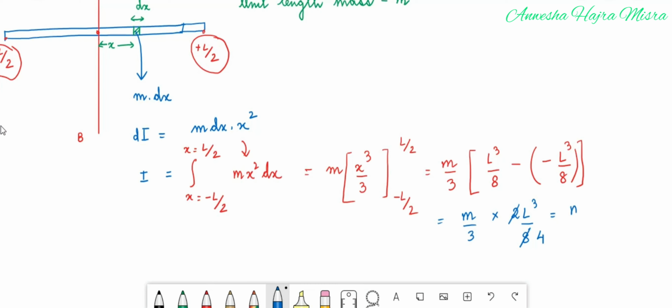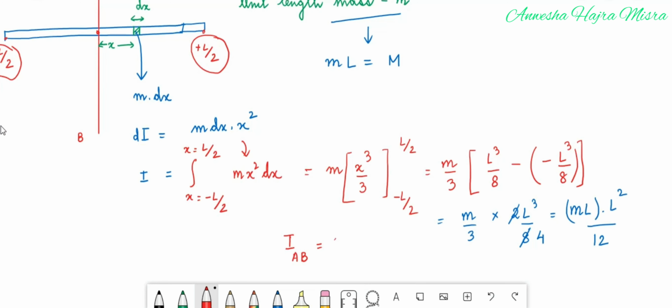This is m into L square by 12. Now unit length mass was m. So total m into L is my total mass of the rod. So moment of inertia of the rod about AB can be written as M L square by 12.